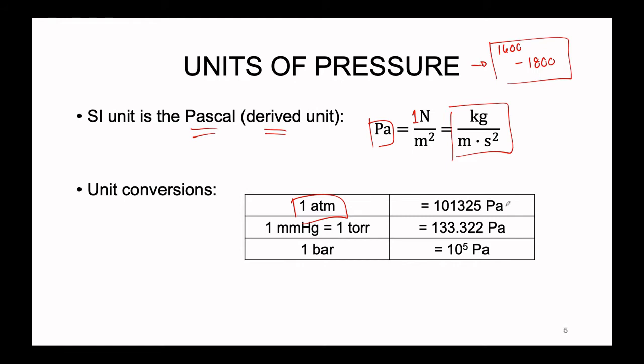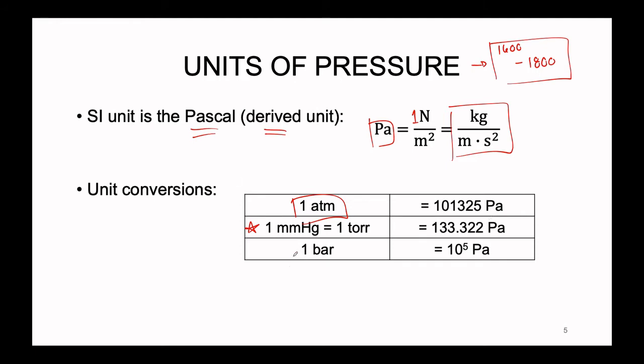Another unit that's very commonly used is 1 millimeter of mercury, also known as 1 torricelli. This unit in particular is readily used in Europe since it is named after Torricelli, the man who started this all. We can see that 1 millimeter of mercury, also known as 1 torricelli or 1 torr, is equal to 133.322 pascals. Last but not least, we have the bar.